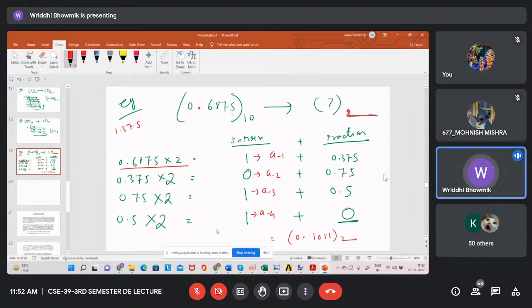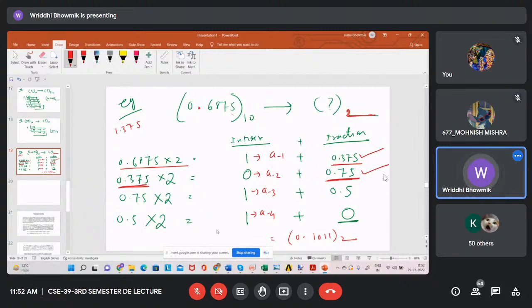So you see, when you have done the first multiplication, the fraction part is 0.375. Then again you will take this fraction part, which is written over here, and multiply by 2 again. And you check whether the fraction part is 0 or not. And you see the fraction part is still present, 0.75.